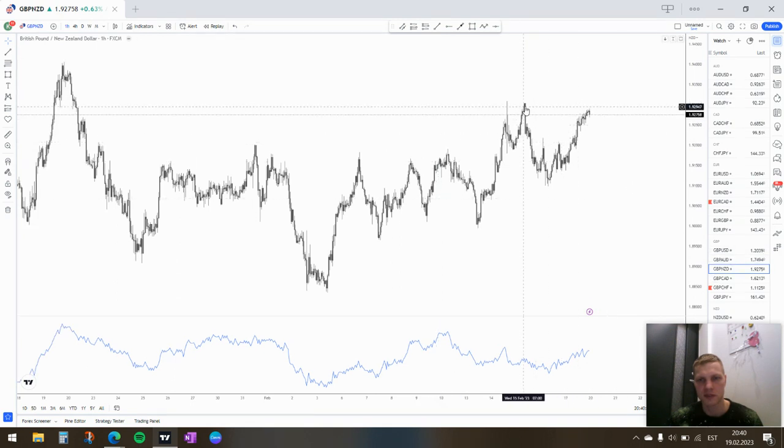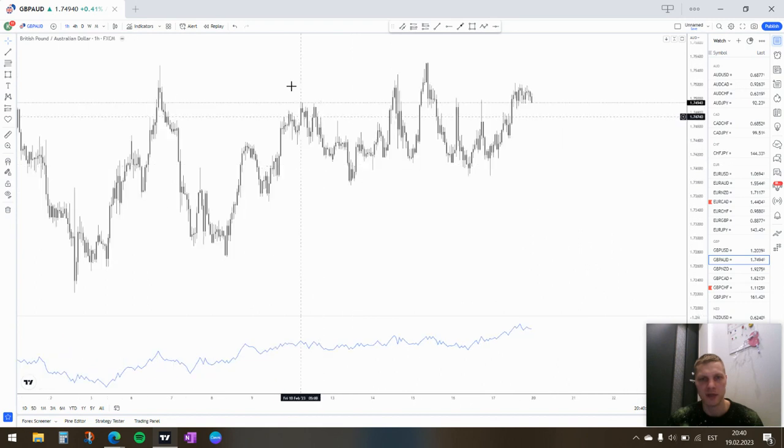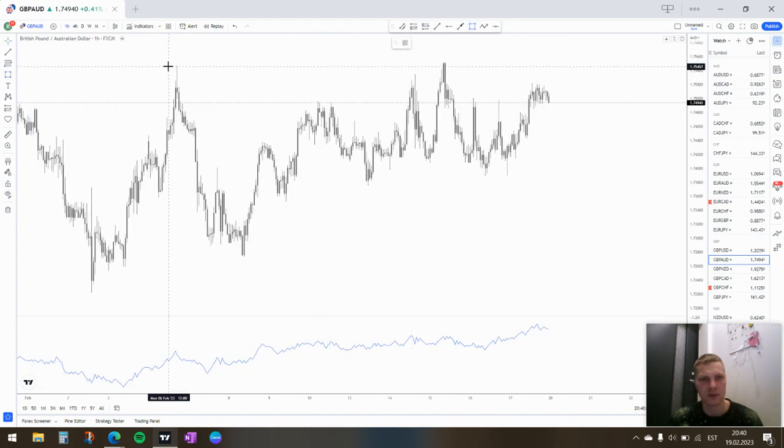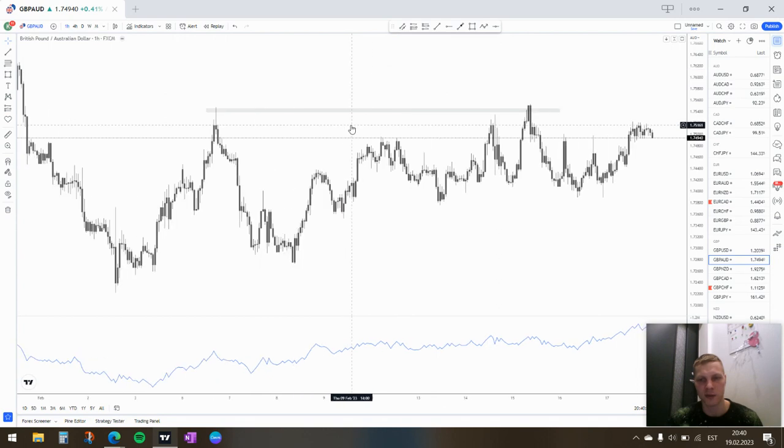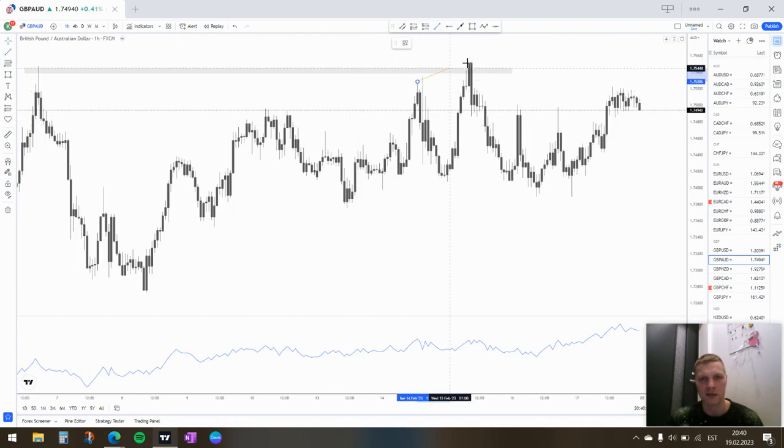So I took this down movement here, from here to here. This is a resistance here, right? I didn't quite touch it, but almost. So one, two rejections, and a third rejection. There's a divergence here.